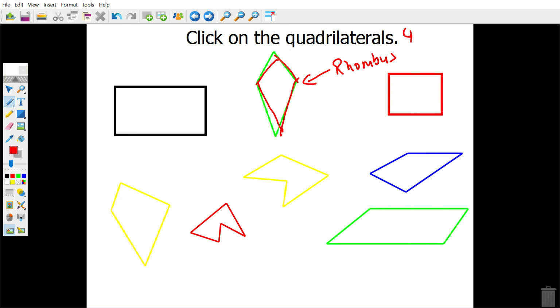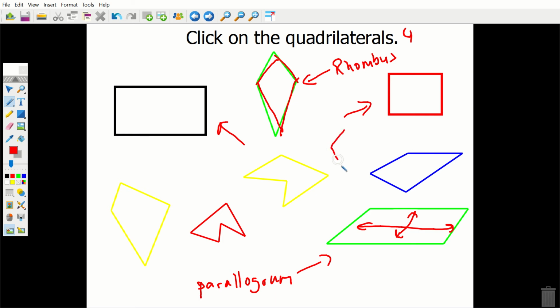We have a square right there. We have a rectangle. Right here, this is called a parallelogram. It's kind of a slanted one, but the adjacent sides here are the exact same length. It is a slanted four-sided figure called a parallelogram.